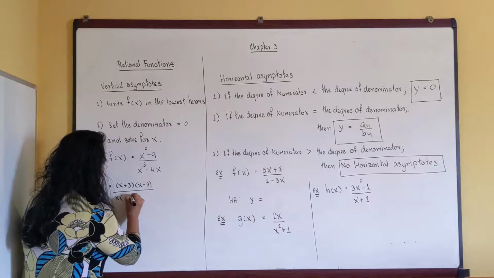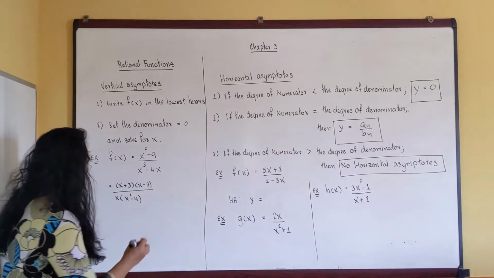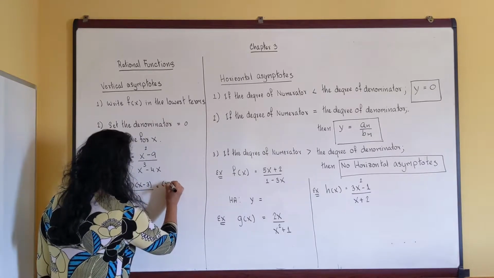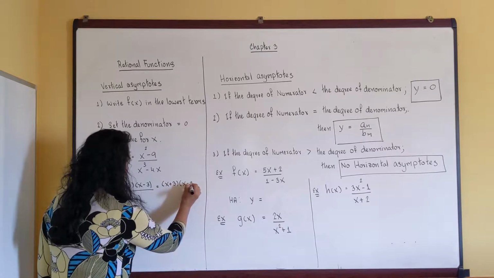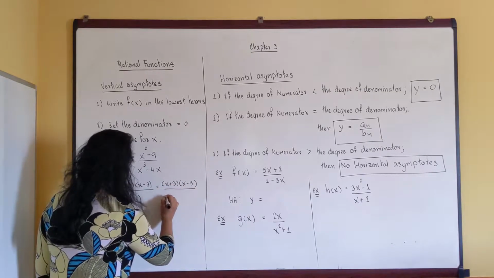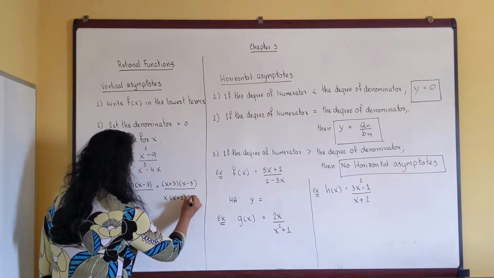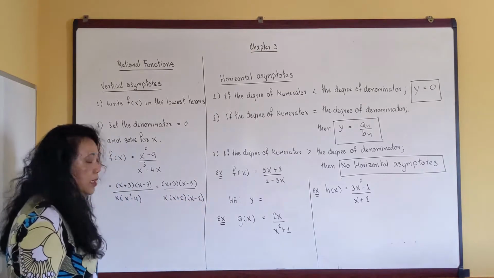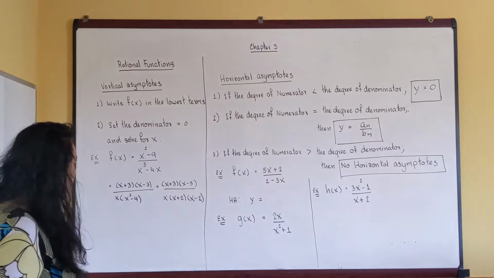So I'm going to have x squared minus 4. Next, I'm going to factor the denominator again. I'm going to have x plus 3, x minus 3, and x plus 2, x minus 2. I can't reduce them, so that's all I can do. If I can reduce them, I would, but I can't.